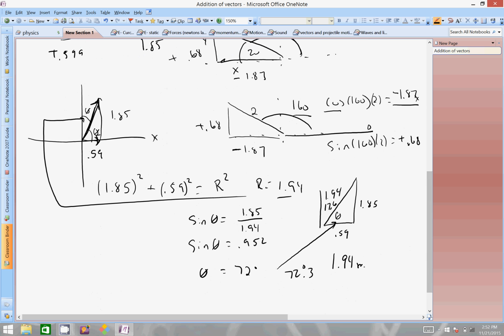Okay, and then I want to give the direction as either being 17.6 degrees east of the north point, or it would be 72.3 degrees north of the east point. And those are my two answers.